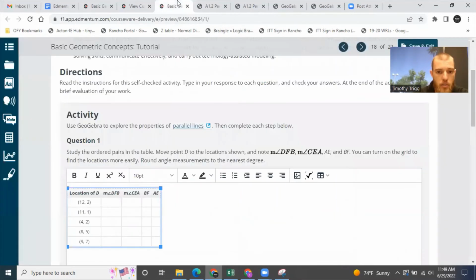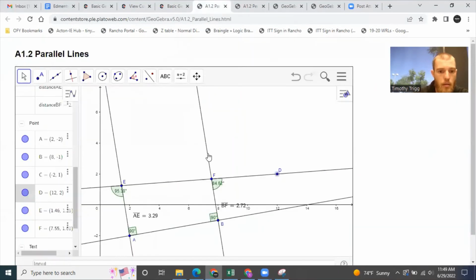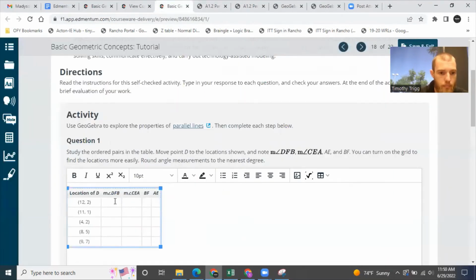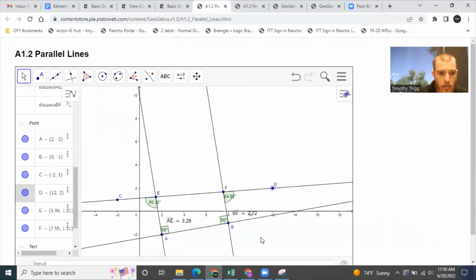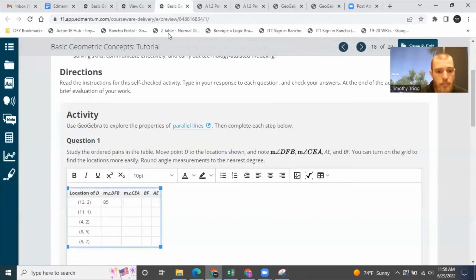Then it asks us to find the measure of angle DFB. DFB is this angle right here with F as the vertex. So it said round to the nearest degree, so we would round it to 85 degrees. Measure of angle CEA: CEA is 95 degrees.